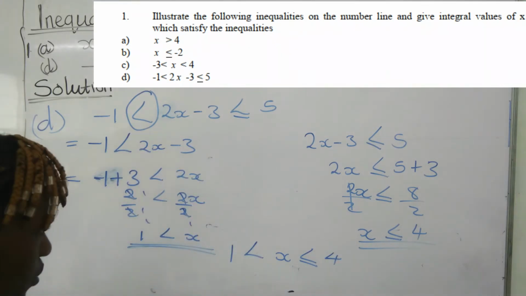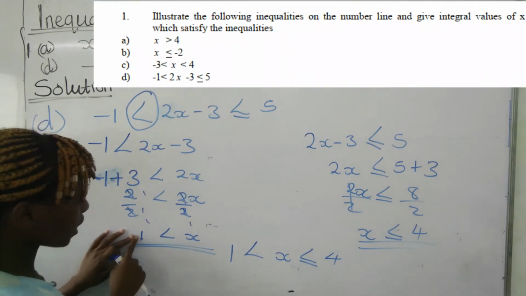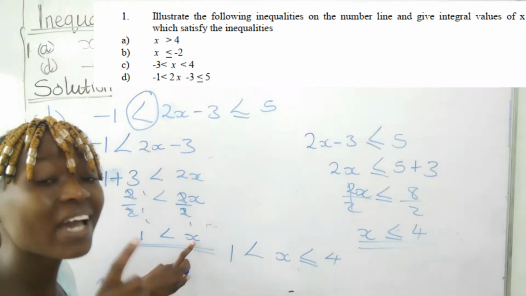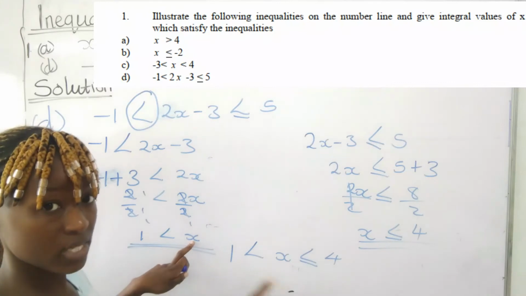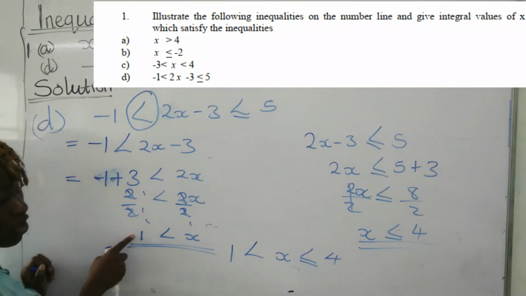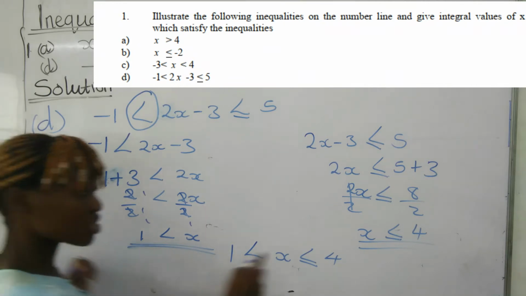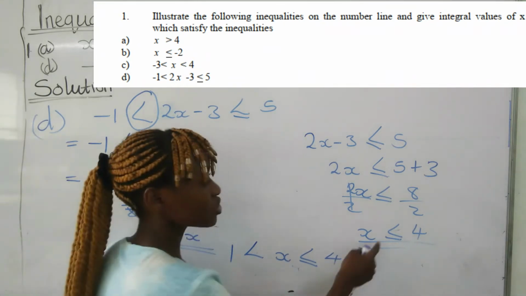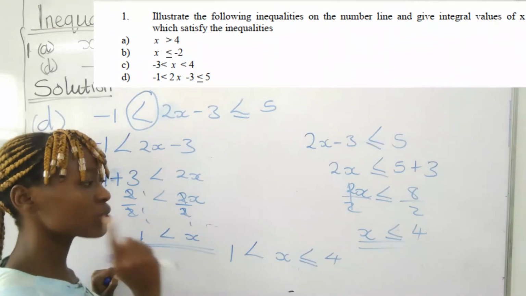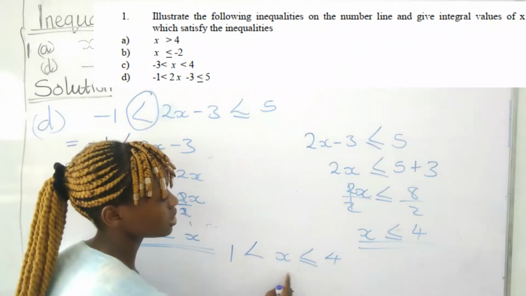Okay, so what did I do there? I say 1 less than x. You have to make sure that x is common to the two parts. You shouldn't shift the x to put it here, because if you shift the x here, it means you're going to shift it also here. So if I don't touch this side and I don't touch this side, then I'm going to have my x at the center.